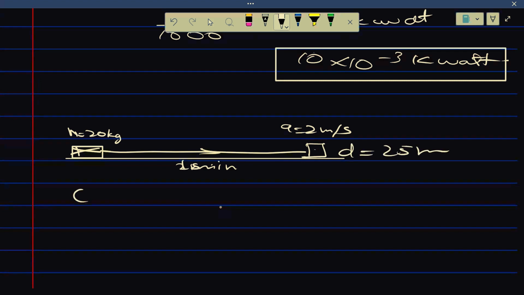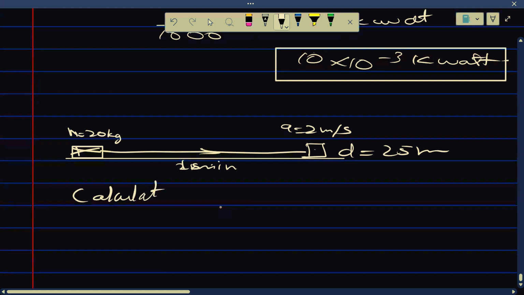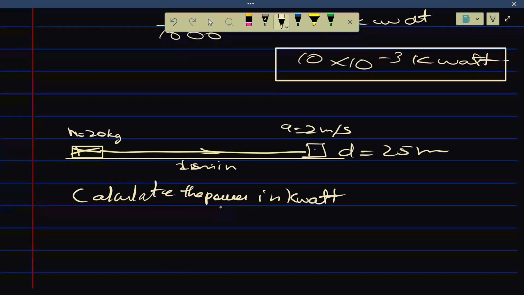The question is: calculate the power in kilowatt.